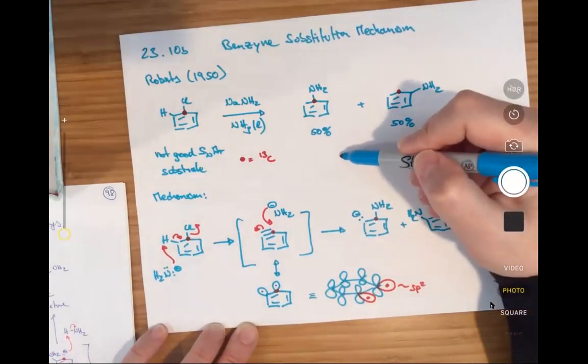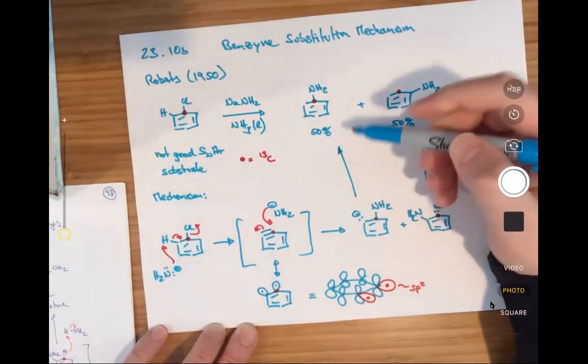And this one would lead to this product by just abstracting a hydrogen from the ammonia. So the ammonia acts here as the acid, right? And that gives us essentially the substitution product that we see over here.